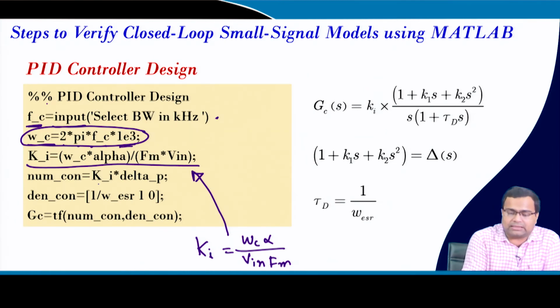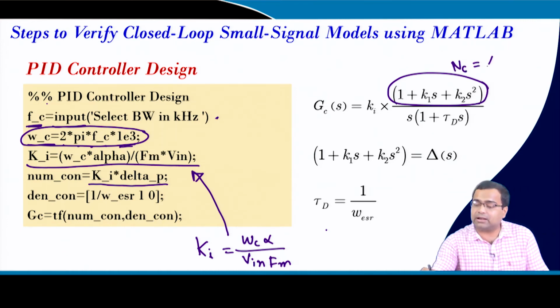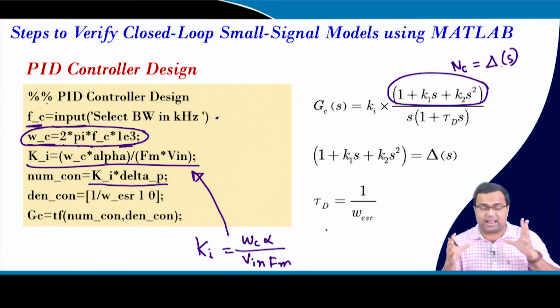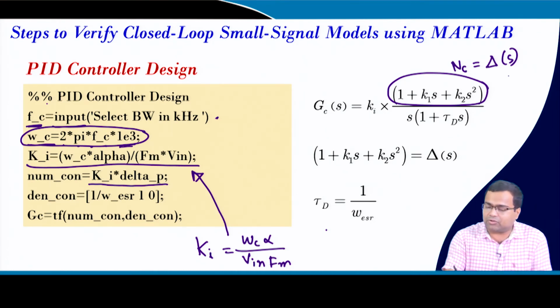Okay. And the numerator coefficient of the controller, what is it? So, this is the controller numerator, n of c is equal to what? It is our delta of s, that is the denominator of the plant, which is delta p. Okay. So, your overall controller numerator is Ki multiplied by delta s.